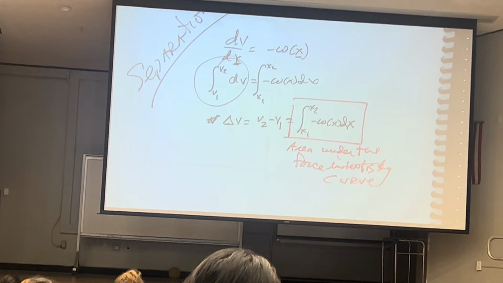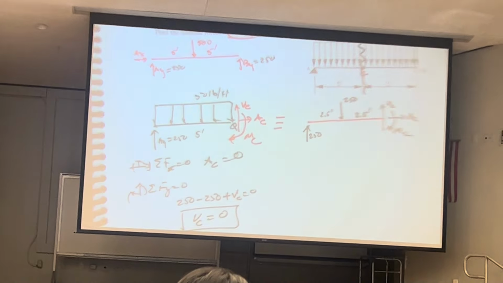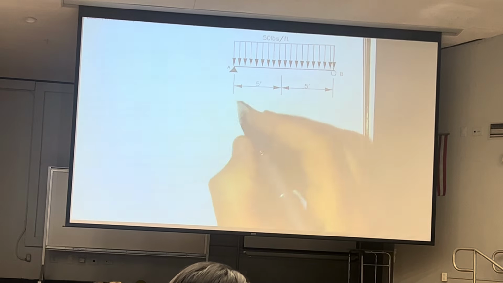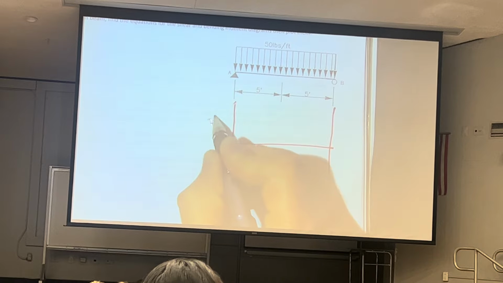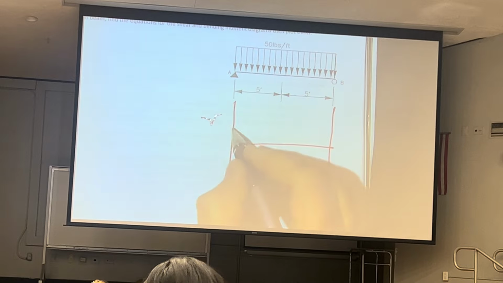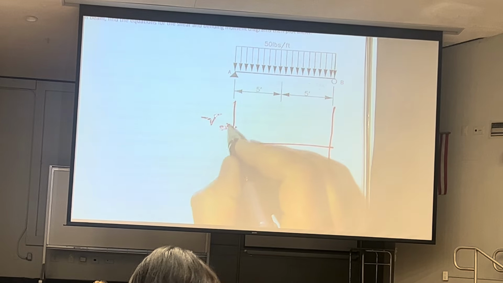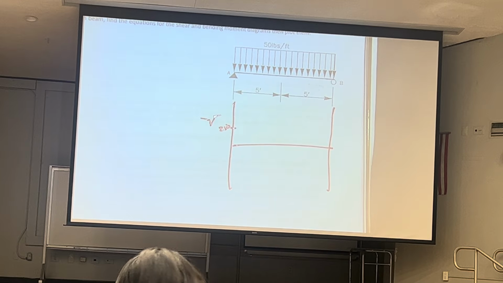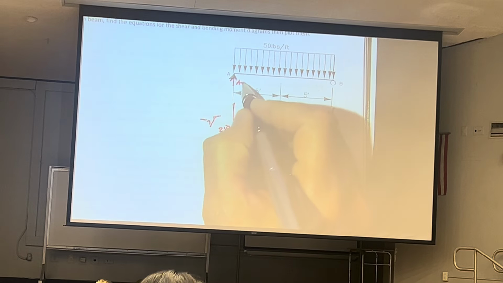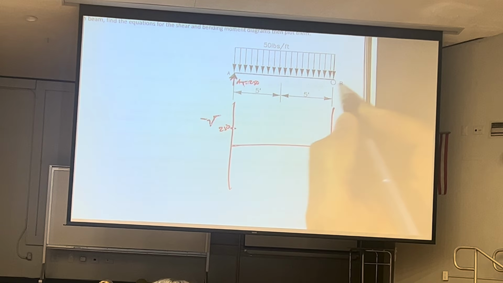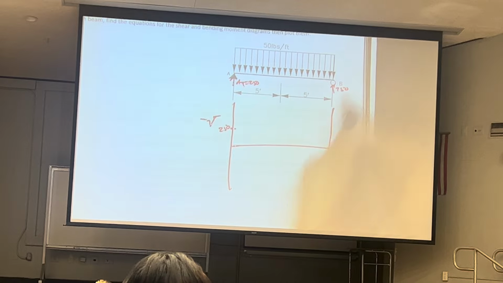Really, really quickly. So let's go back to here. Watch. Shear. I know I'm going to start at 250, because that's AY. AY was 250. BY was 250.